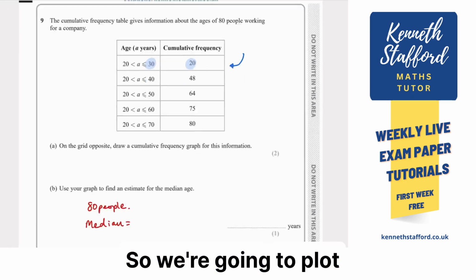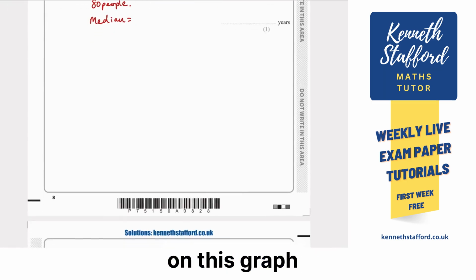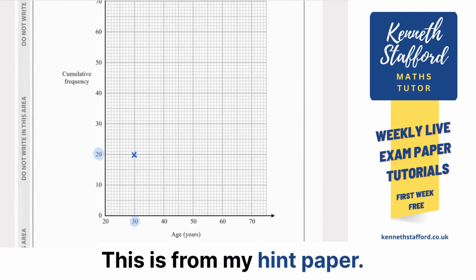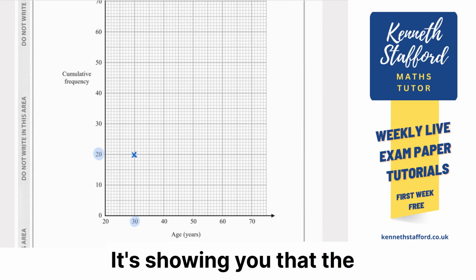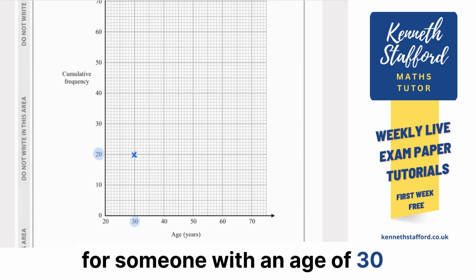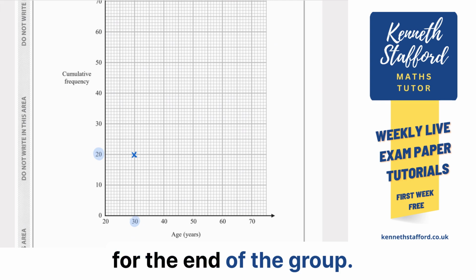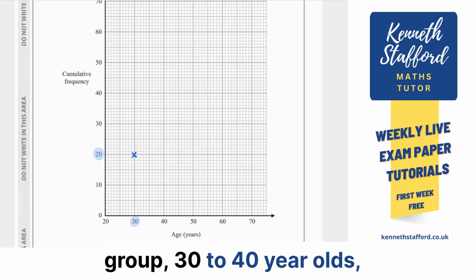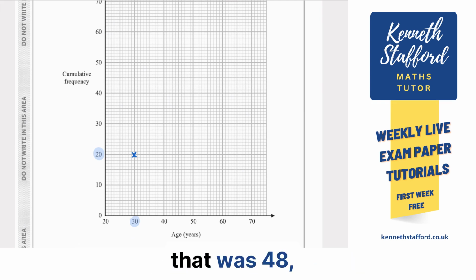So we're going to plot on this graph, come over to here. It's already done. This is from my hint paper. It's showing you that the cumulative frequency of 20 is for someone with an age of 30, for the end of the group. So if we plot these on, the next group, 30 to 40-year-olds, that was 48.